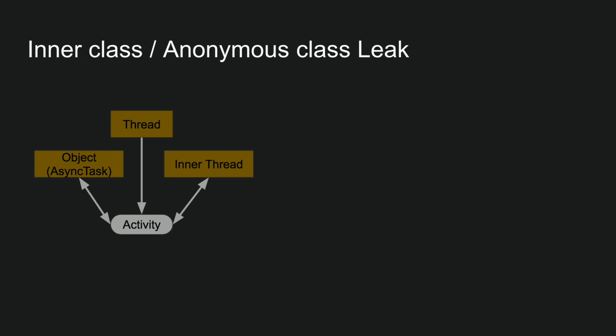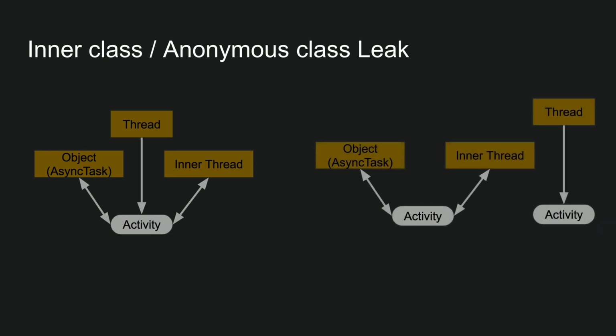And then when we rotate the device and start a new activity, we have these GC roots that are our objects and our threads that still maintain their references until those objects complete their work and are GC'd.